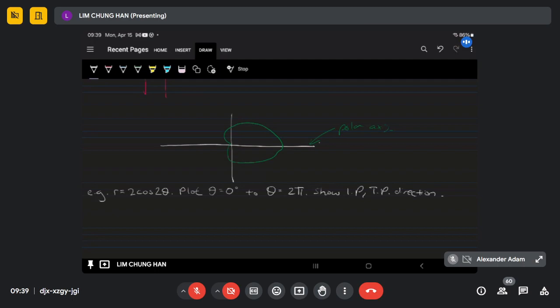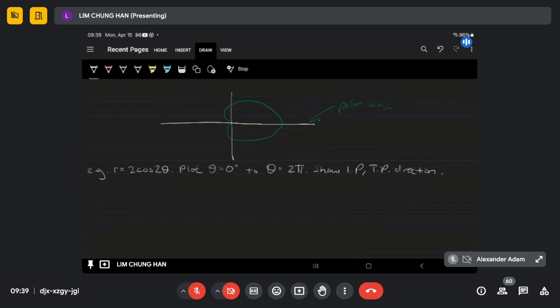Show the initial point, termination point, as well as the direction. Now for this question, it's a little bit special.